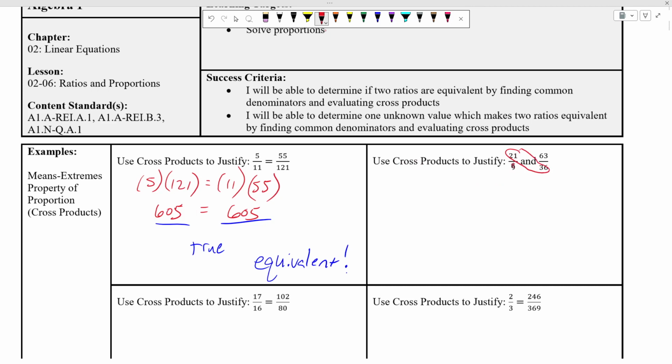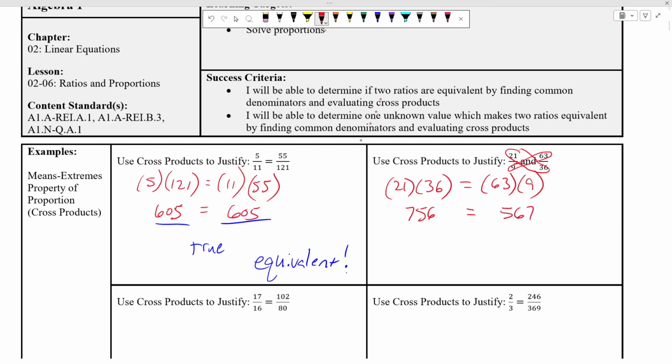Let's try the next one here: 21 and 36. If I do that, I would get 21 times 36 equals 63 times 9. If I work all that out, I would get 756, and the other side, if I multiply these together, would end up being 567.